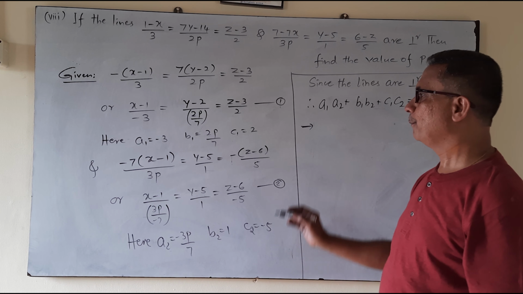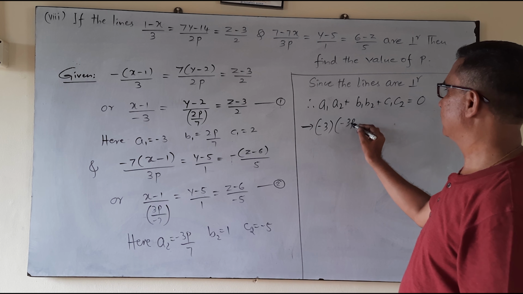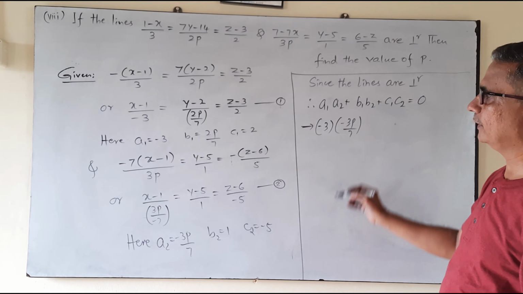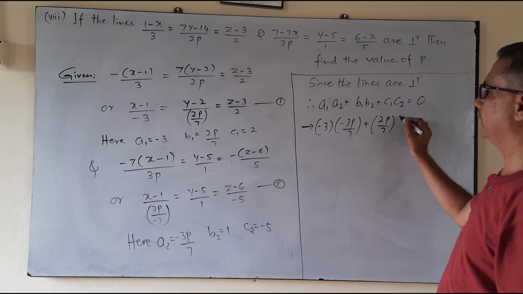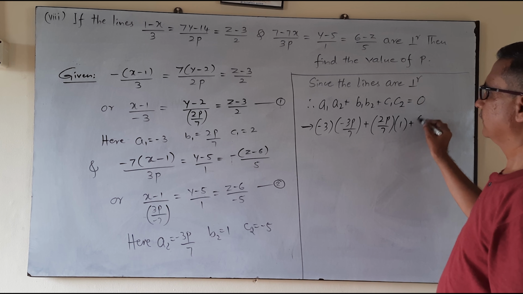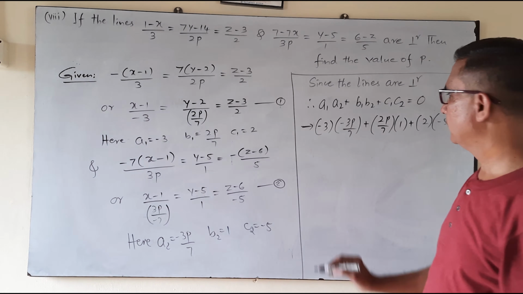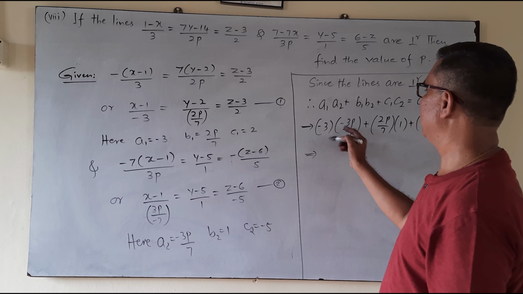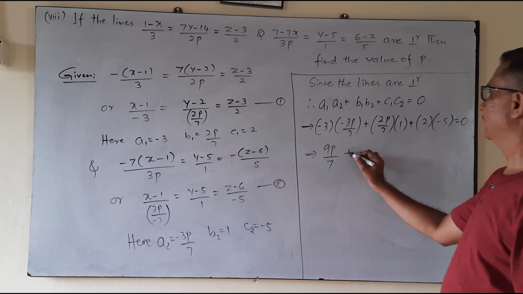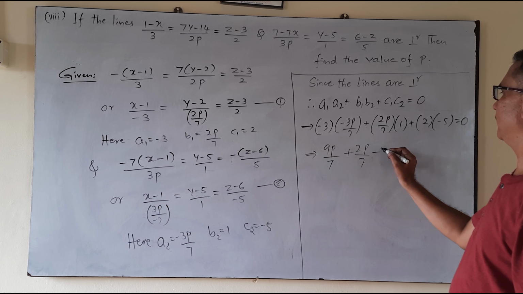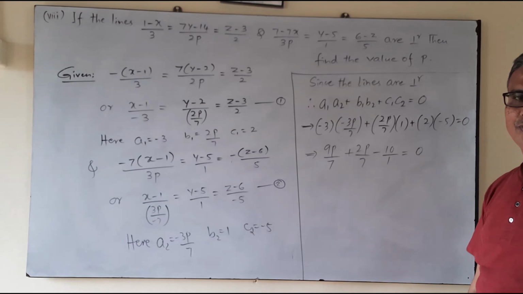Substituting the values: a1 value minus 3, a2 value minus 3p by 7, plus b1 value 2p by 7, b2 value 1, c1 value 2, c2 value minus 5, is equal to 0. Simplify: minus into minus plus, 3 into 3, 9p by 7, plus 2p by 7, plus 2 into minus 5, minus 10 by 1, is equal to 0.